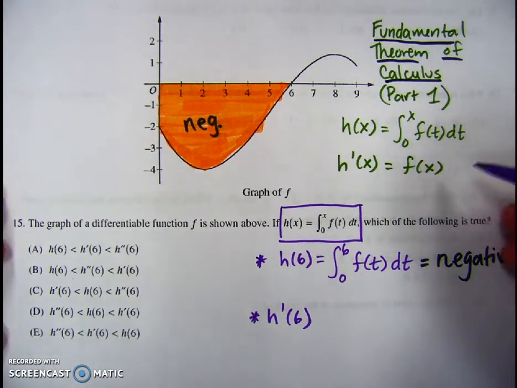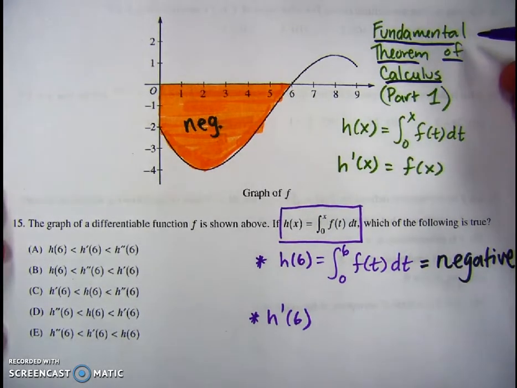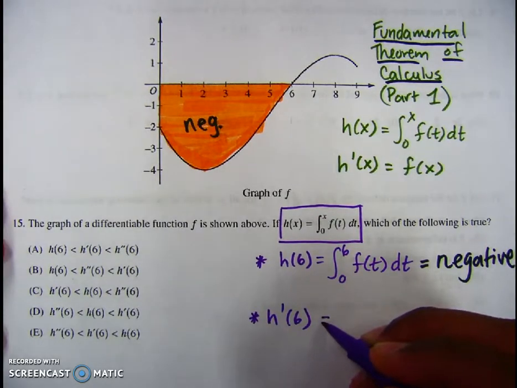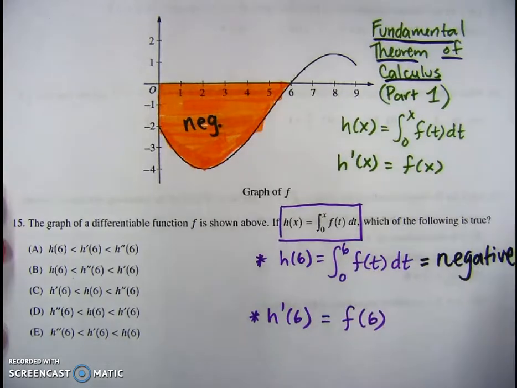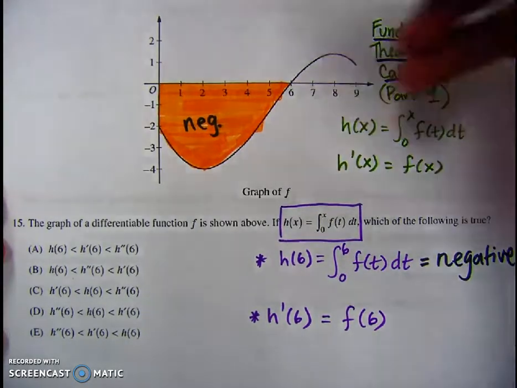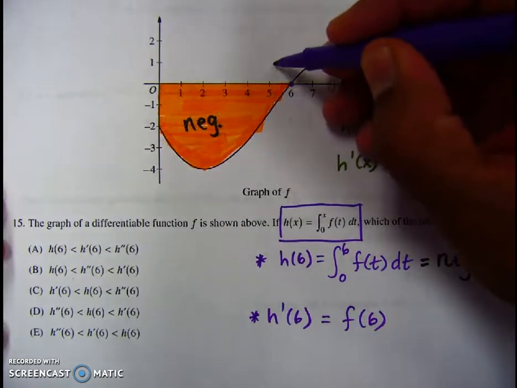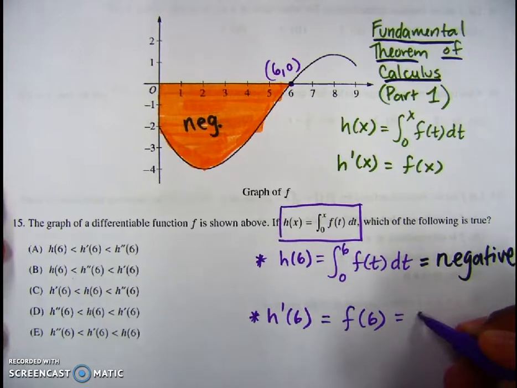Okay, so we can definitely go from this to this using the fundamental theorem of calculus. So h prime of 6 is the same as f of 6, and if you look at your graph, f of 6 is 0. So this is the point 6 comma 0. So when x equals 6, we get 0.